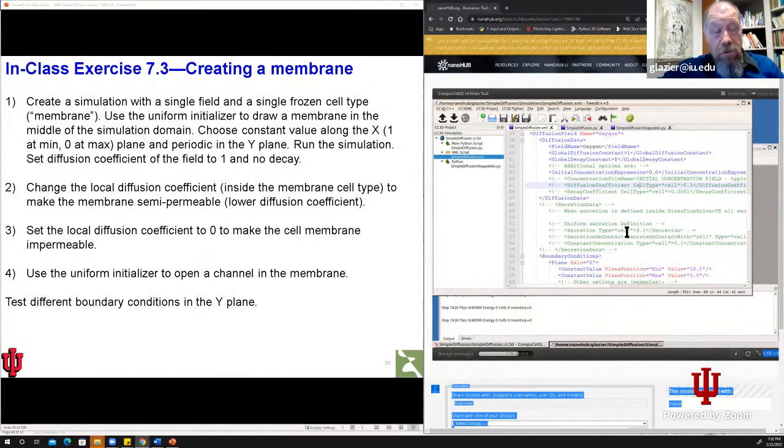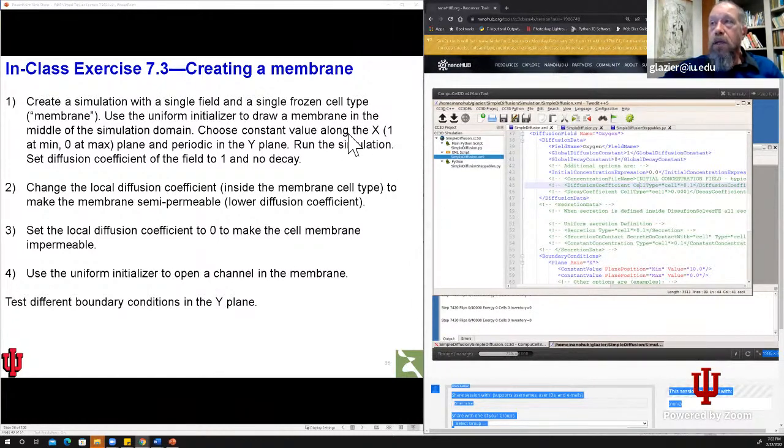In reality, diffusion of chemicals in water is faster than inside of cells. So we could say that in medium the diffusion constant is 10 voxel squared per Monte Carlo step, whereas in cells the diffusion constant is 1 voxel squared per Monte Carlo step. Does that make sense to people? And so you can try that.